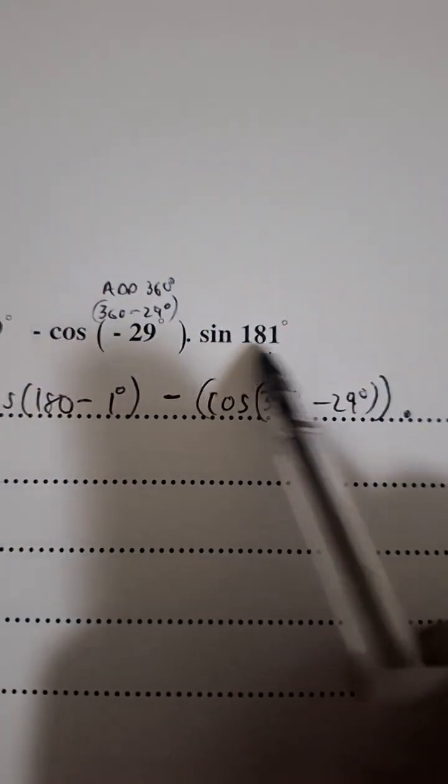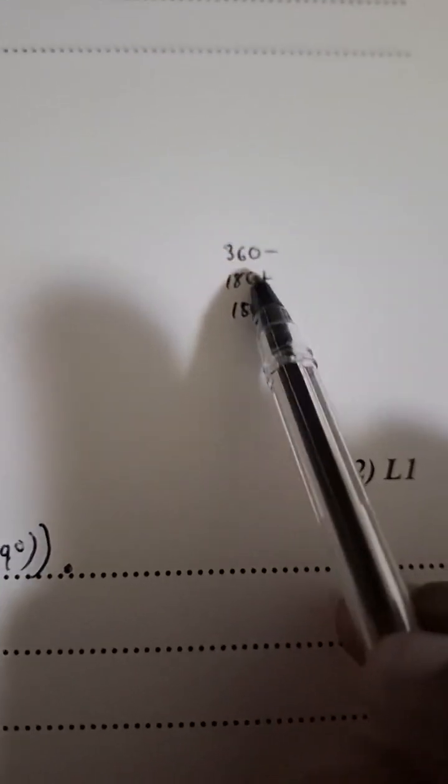Because this is already acute, I just retain 360 minus 29. And then last but not least, sine of 181 degrees. Let's reduce this. Sine of 181 degrees, which function value can we use? 180 plus. So we say sine of 180 plus what gives us 181? Plus 1 degrees. So I would say we are in the right direction so far.